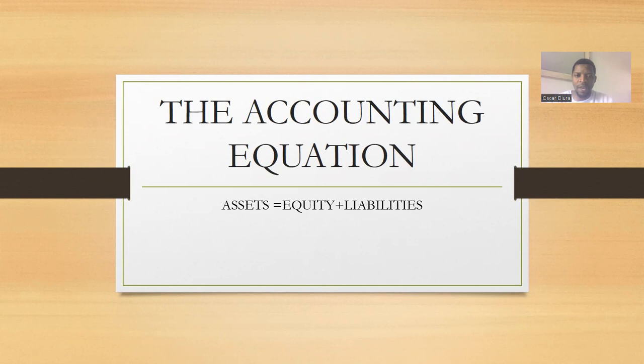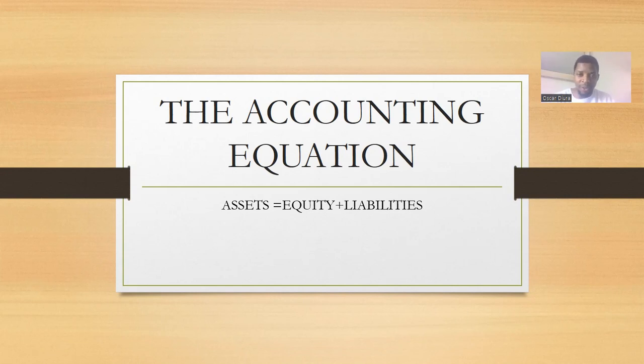So what we're saying here is that assets are those things that you have bought and acquired, basically. Equity is what you have contributed, and liabilities is what you have borrowed from others. For instance, when you're starting a business, you have to save some money so that you can invest in the business.